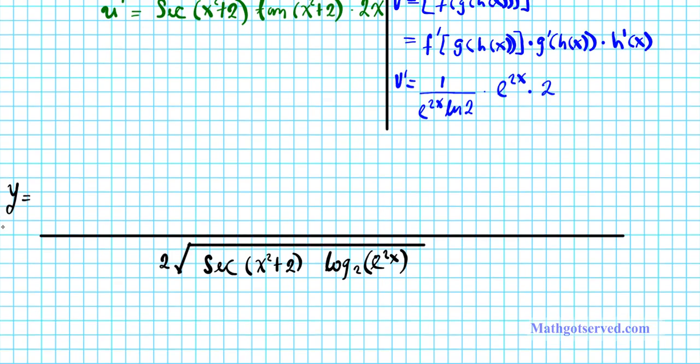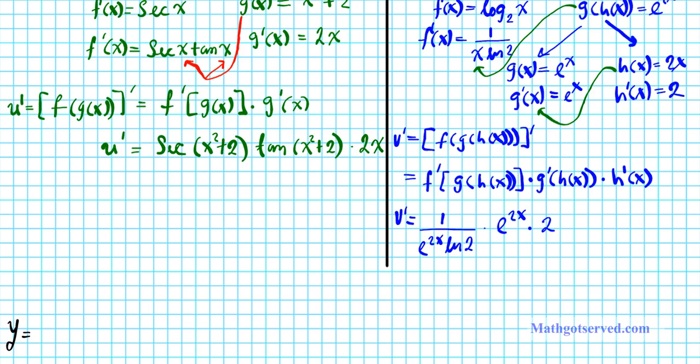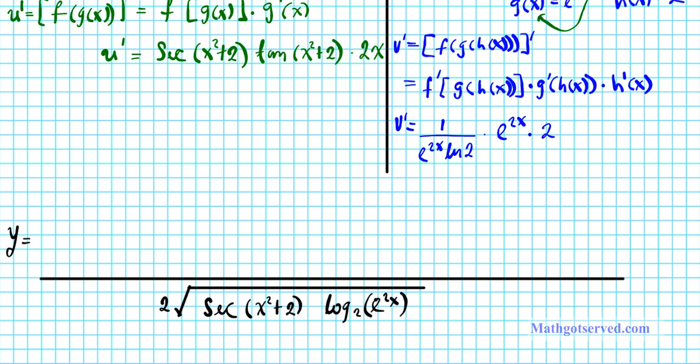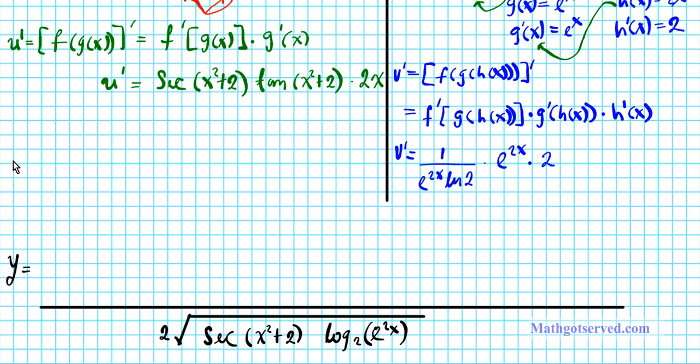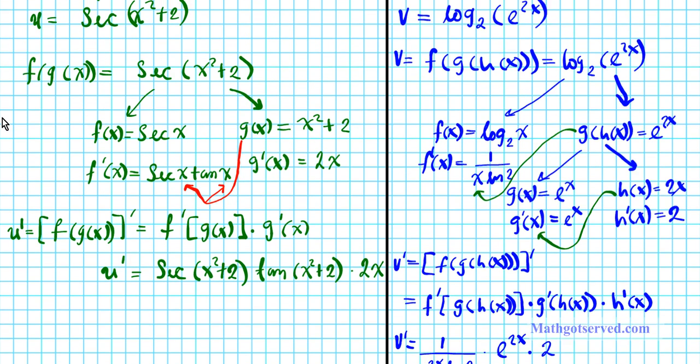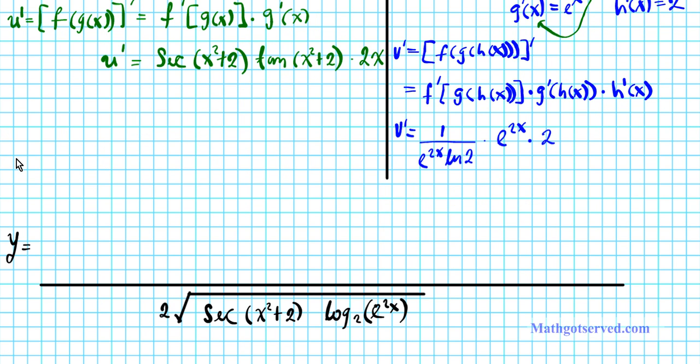So we're going to start with v u prime. So v is log base 2 of e to the 2x, that's v. So let's write that down. Log base 2 of e to the 2x.